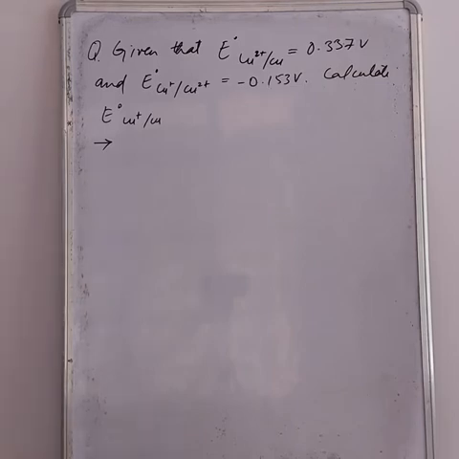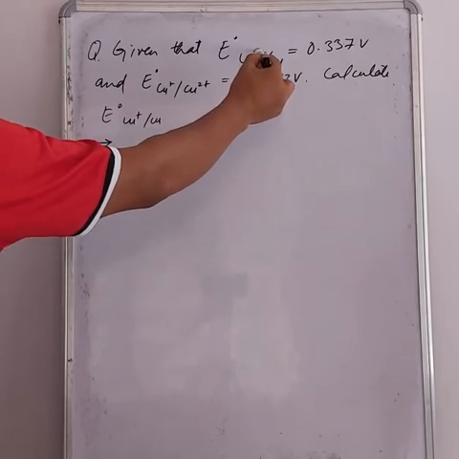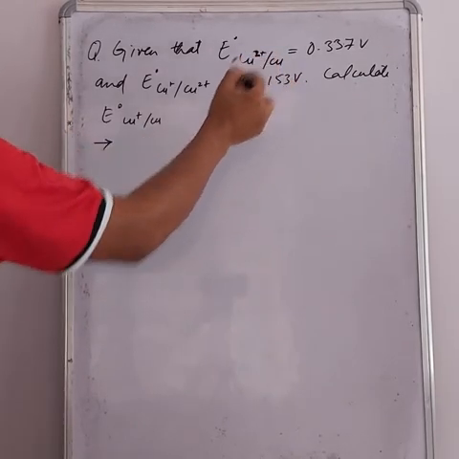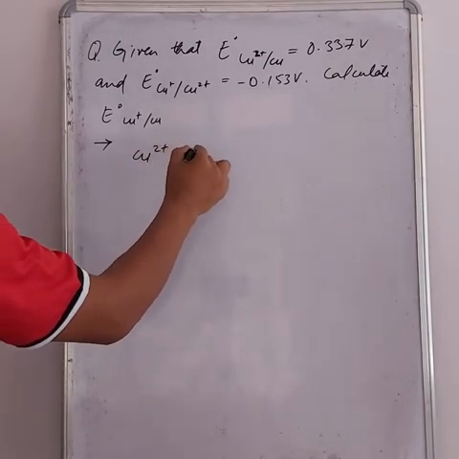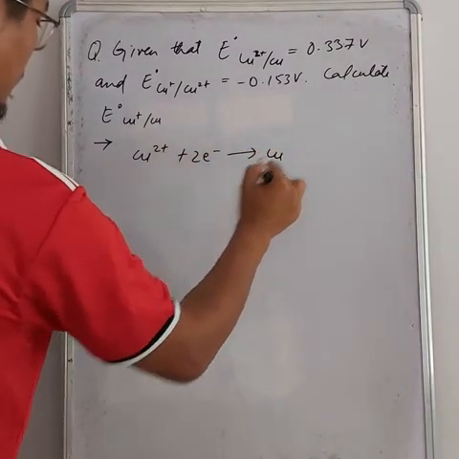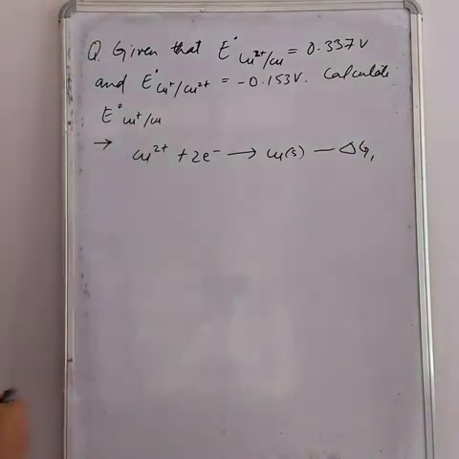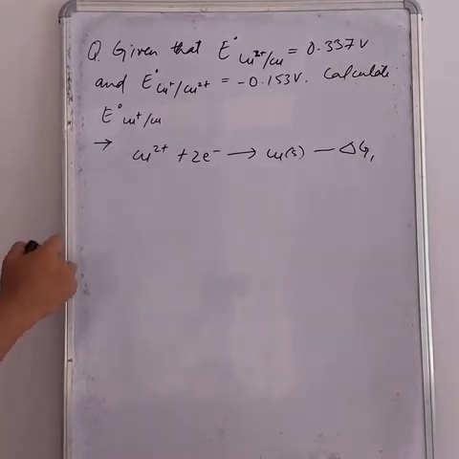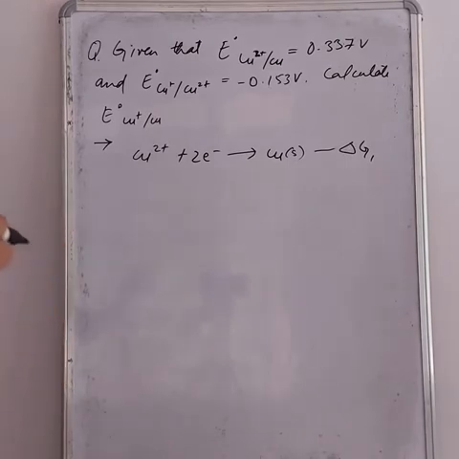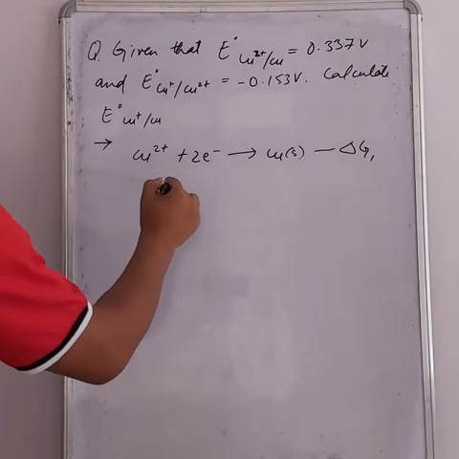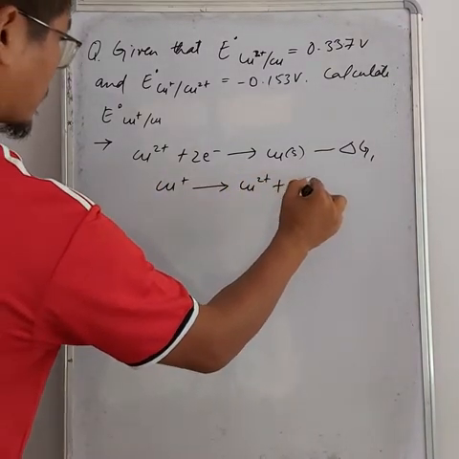Now here we see that it's a reduction process and it involves 2 electrons. Like copper plus 2 electrons will give us copper solid. And this is our first Gibbs energy change. In the second process, we have oxidation, which is giving us 1 electron.